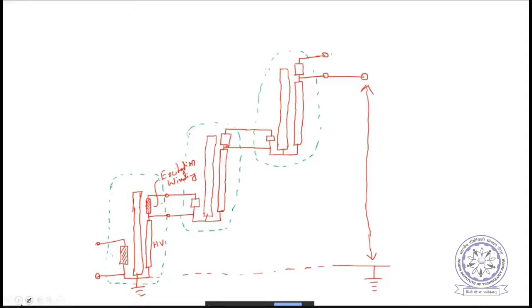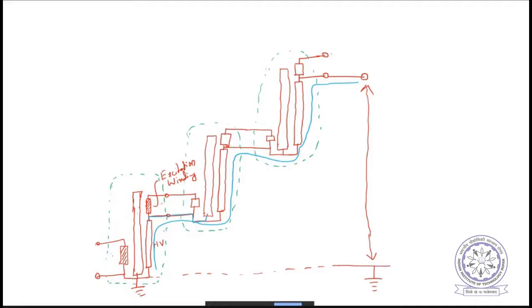So I'll draw the path through which you are adding the potentials. So this is the path in which you are adding potentials. This is the path in which you are only connecting all high voltage windings only. Excitation windings you are not connecting, not even touching. Because you see here clearly, this is the connection here.